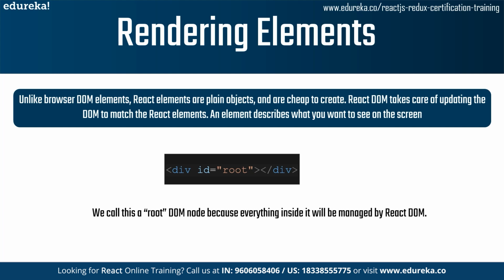An element describes what you want to see on the screen, as I said previously. Here an element is a plain JavaScript object that represents a part of UI. So when React updates the element, it updates the UI accordingly. Whatever is changed automatically changes on the screen also, right?